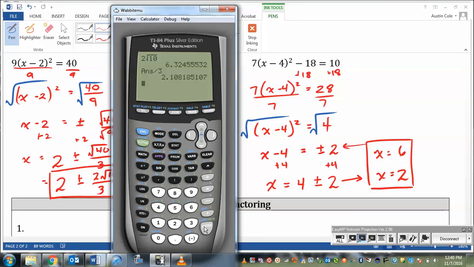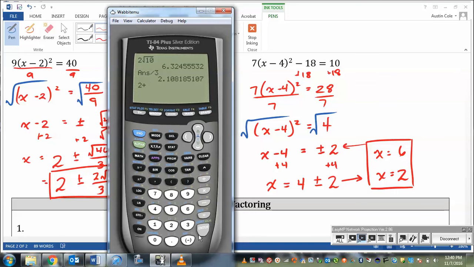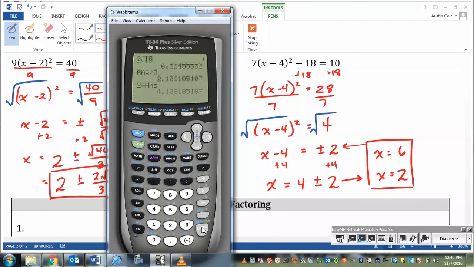Okay? So I need to take 2 plus this number. There's going to be one of my answers: 4.108 something. And I need to take 2 minus that number. That would give us our other answer.